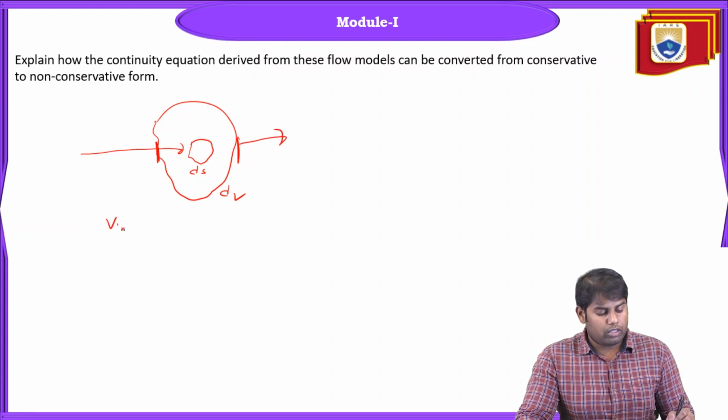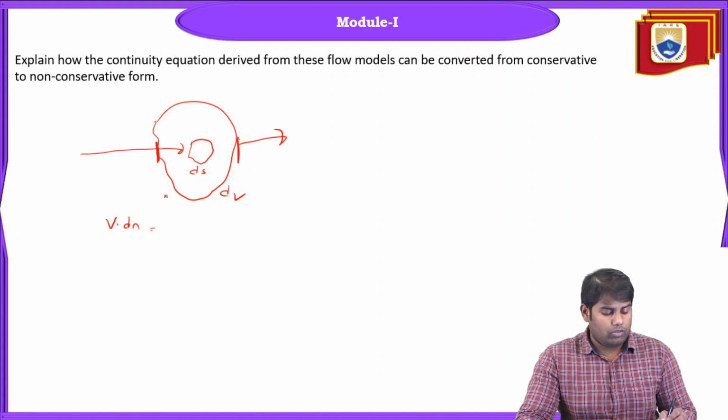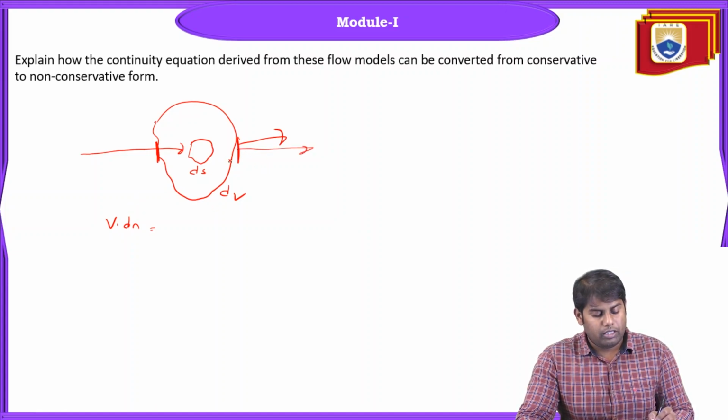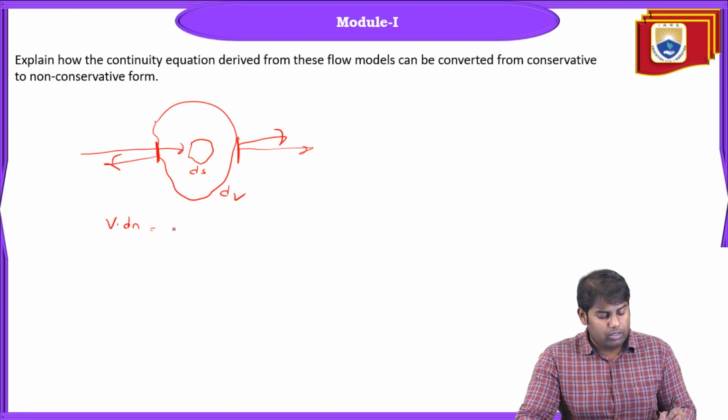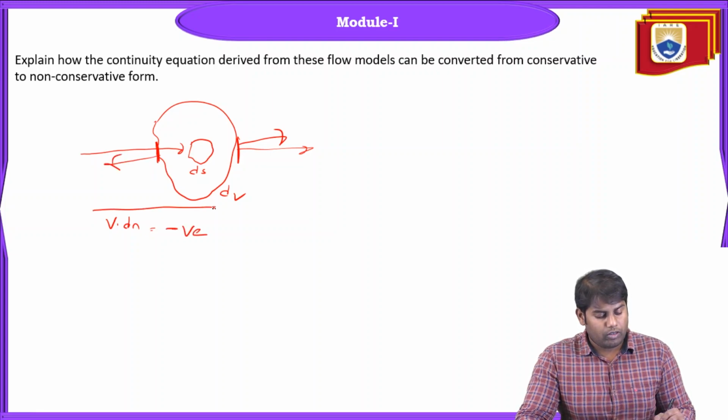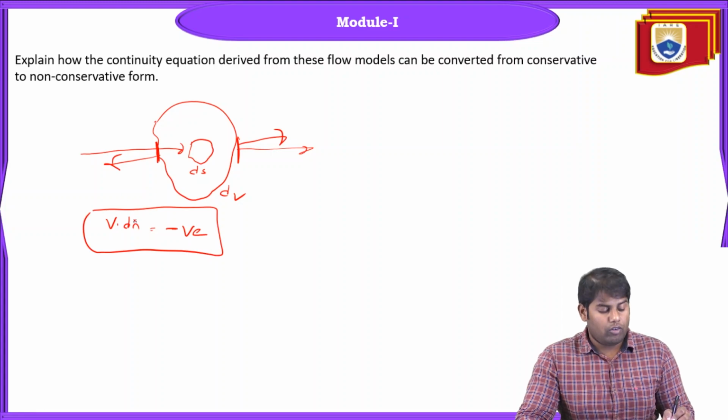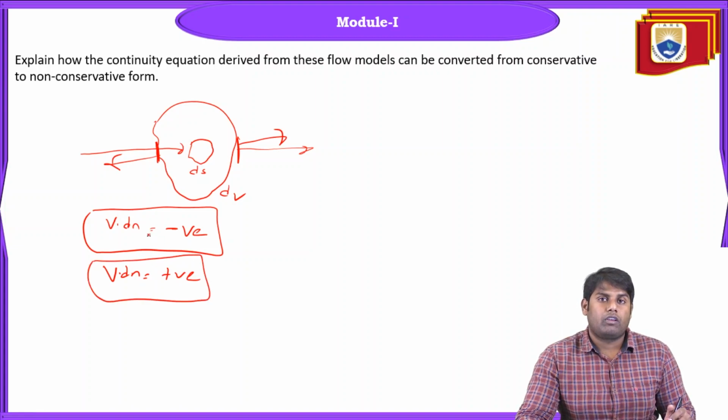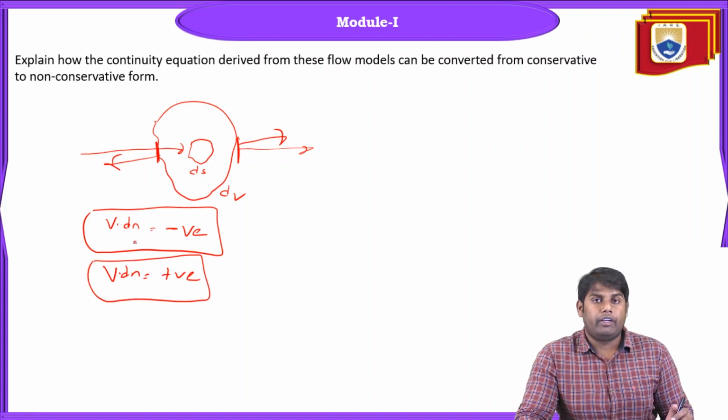So v dot n, it's a surface actually. Let's say this is the area normal vector. So this is negative for the inflow, and v dot n will be positive for the outflow. Okay, so this is what we have.